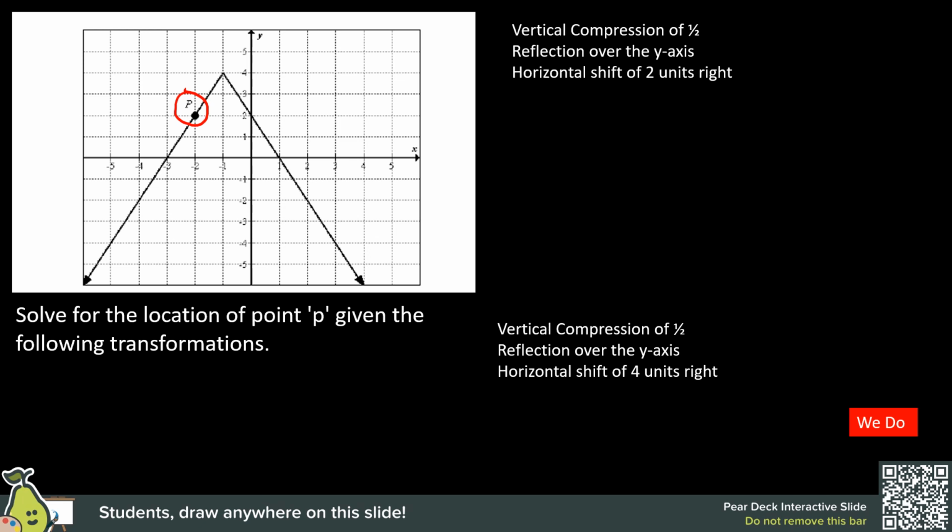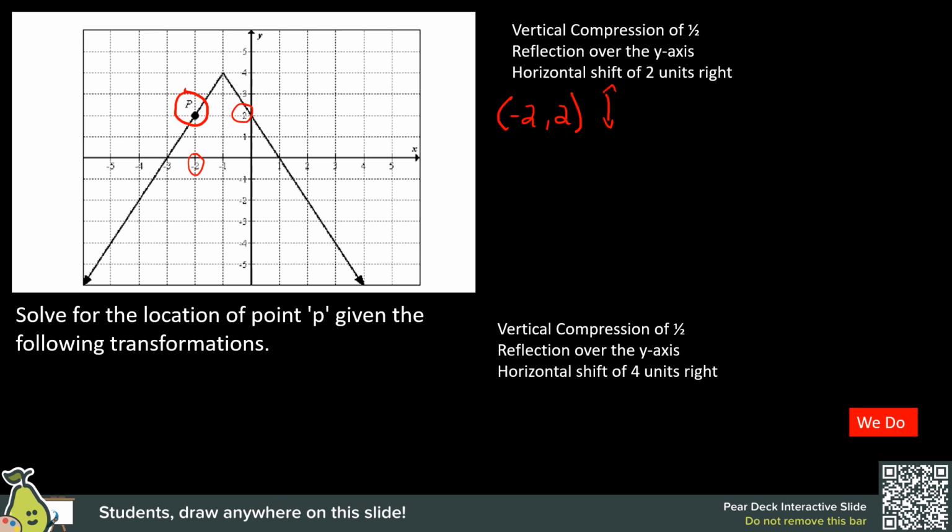So when we take a vertical compression, that's our up and down. Our P value here is at -2, 2, and this is important. So it's at -2, 2. If we take a vertical compression of 1/2, we're changing our up and down.